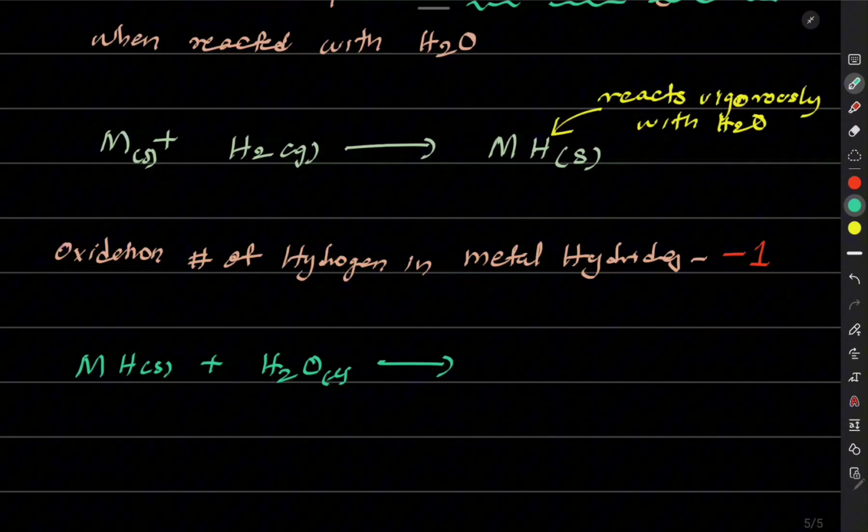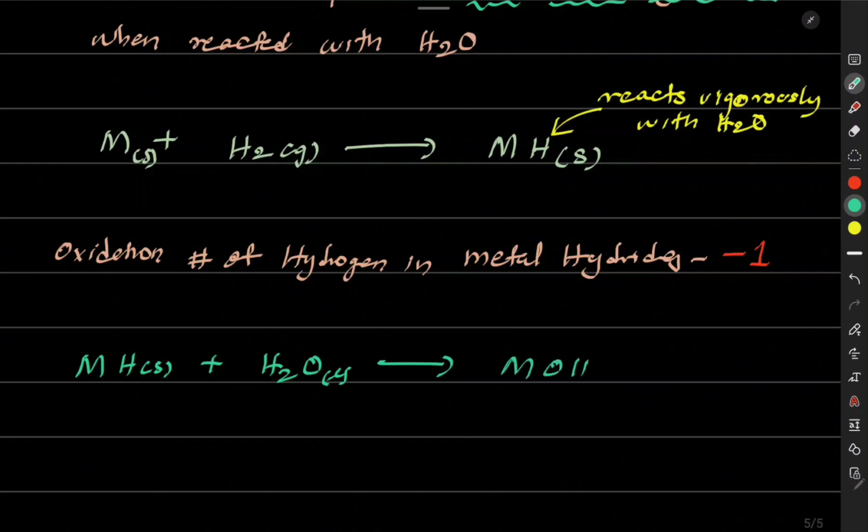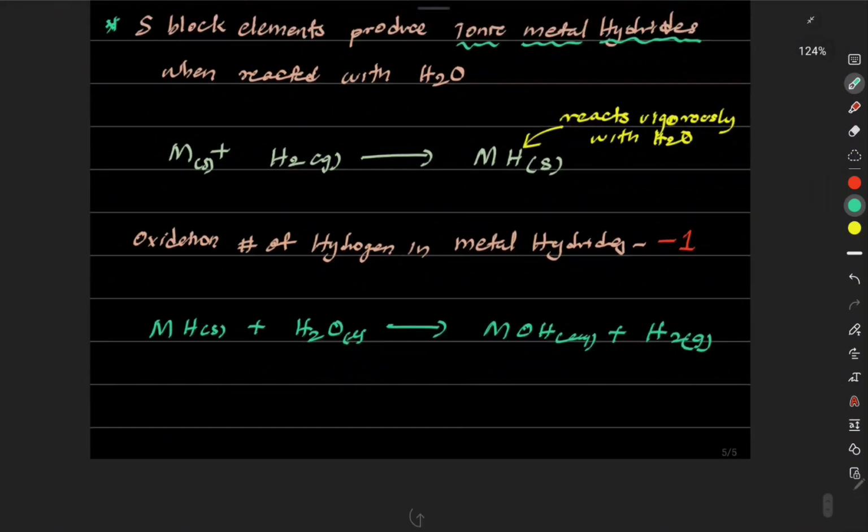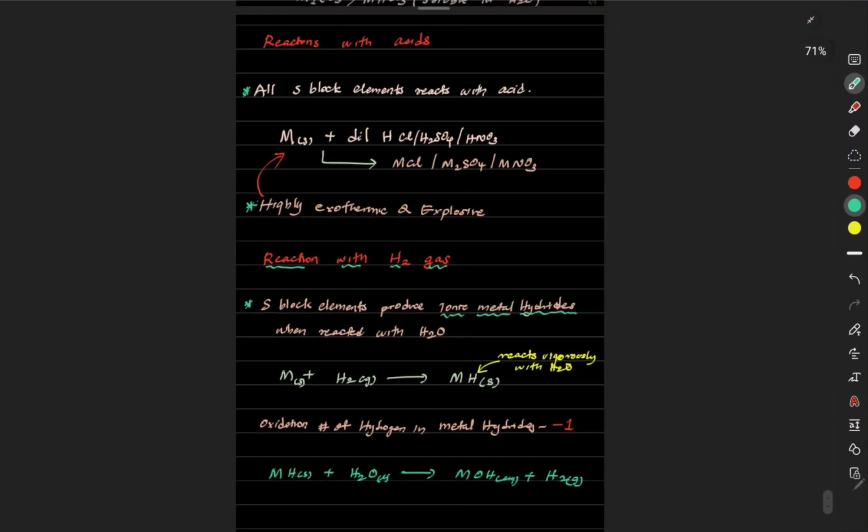They form metal hydroxide plus H2 gas. This reaction is for all the group S block elements.